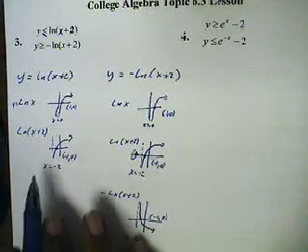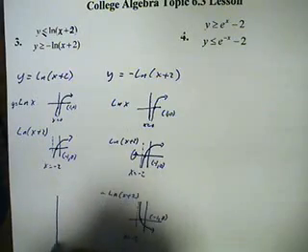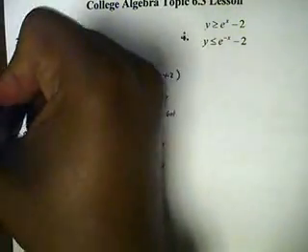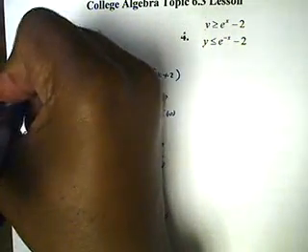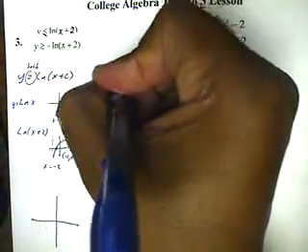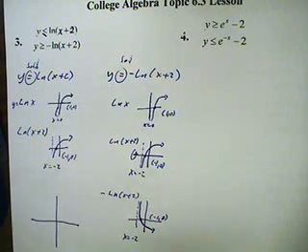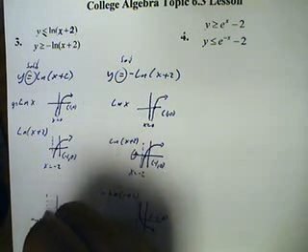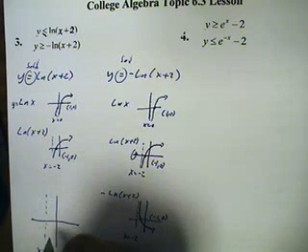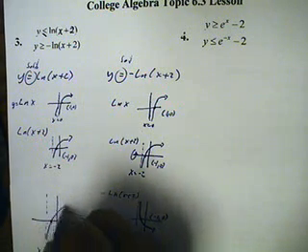So this is what our two graphs look like, and they both will be solid. This one right here will be x equals 2, and it'll go right here.